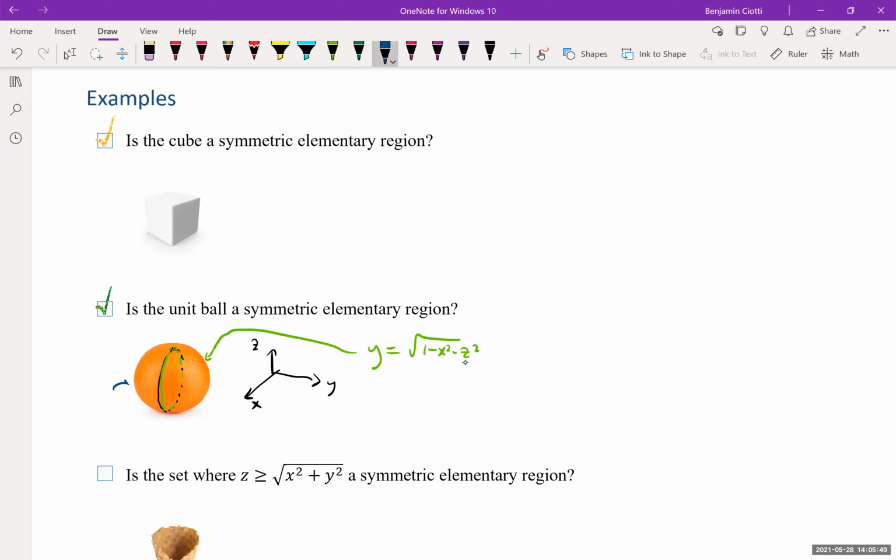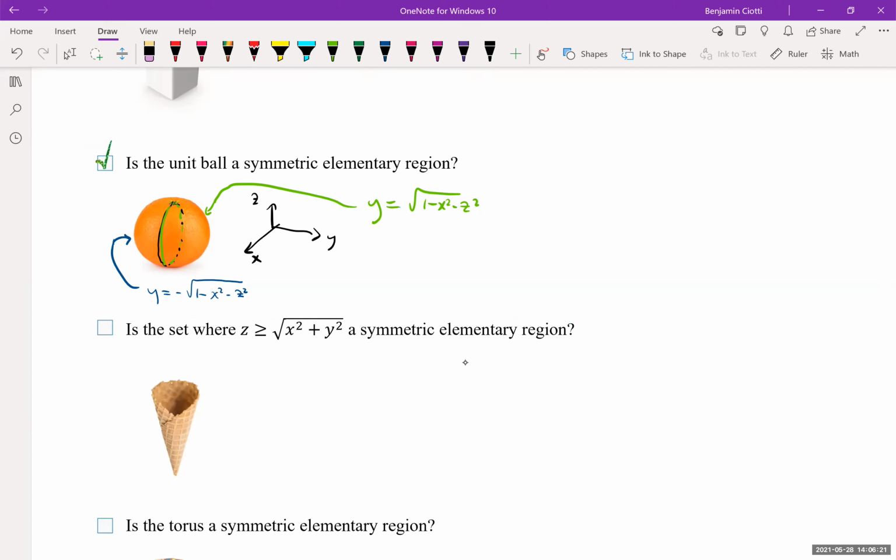Okay, moving on. Yes or no, is this cone z greater than or equal to square root of x squared plus y squared an elementary region? Or sorry, a symmetric elementary region? Yes or no?